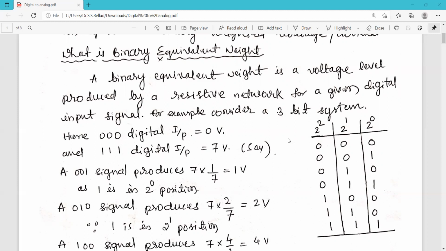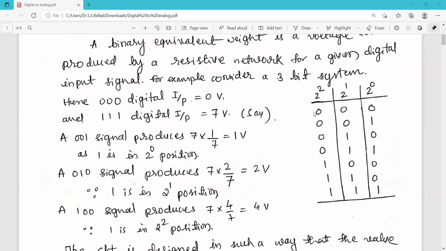So here, these are the different digital inputs or digital voltage levels. And here 0, 0, 0, we have to read these digital inputs horizontally like this. 0, 0, 0 is one digital input. 0, 0, 1 is another digital input. Like that you have to read.